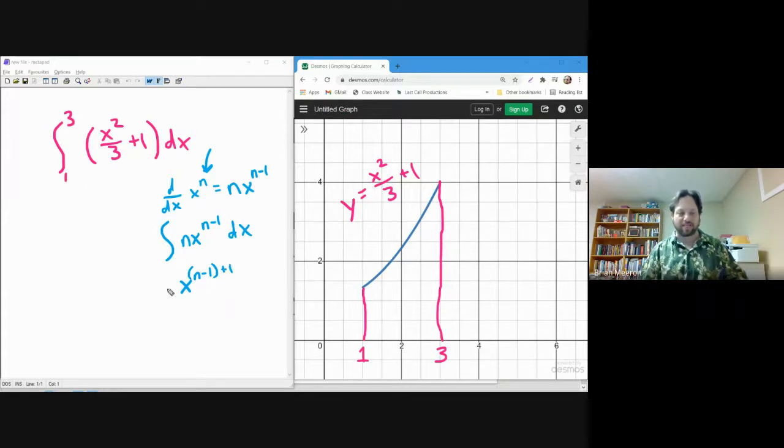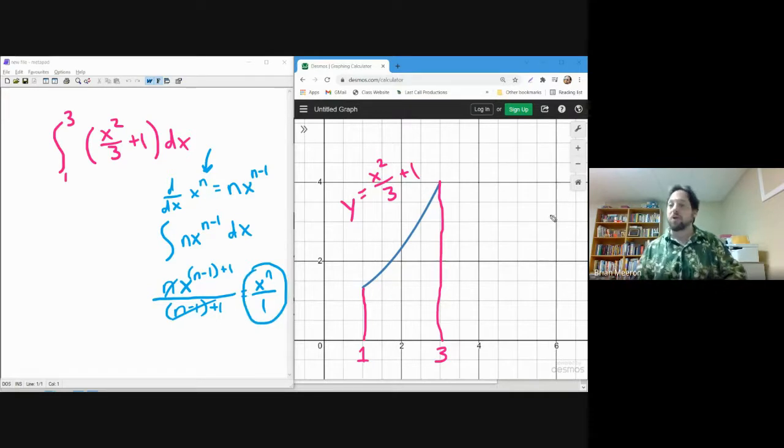All right, of course, the n is out front, so I better keep that there. But once we do that, I'm now going to divide by whatever our new exponent is, which is that. And of course, if you clean this up a little bit, I think what you'll find, we have x to the nth power. On the bottom, in the denominator, we're also going to have an n, which is going to cancel out this n, taking us right back to our original function.